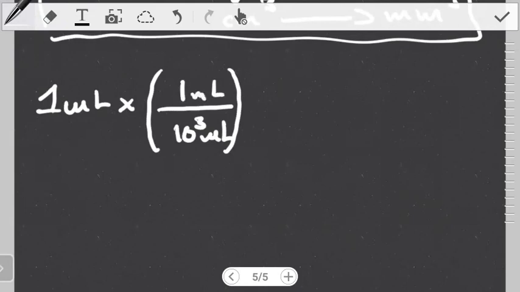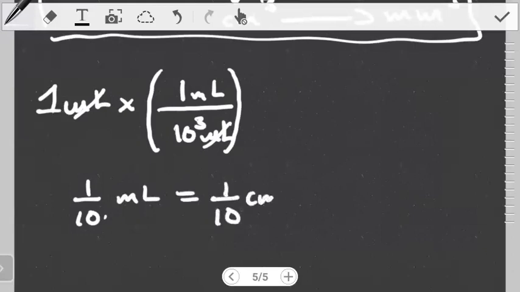Okay, so when I simplify this, notice that I get 1 over 10. And then since this unit is going to cancel with that unit, this is going to be in milliliters. But this is the same as 1 over 10 centimeter cubic. So this is where I was saying that 1 milliliter is the same as 1 centimeter cubic.